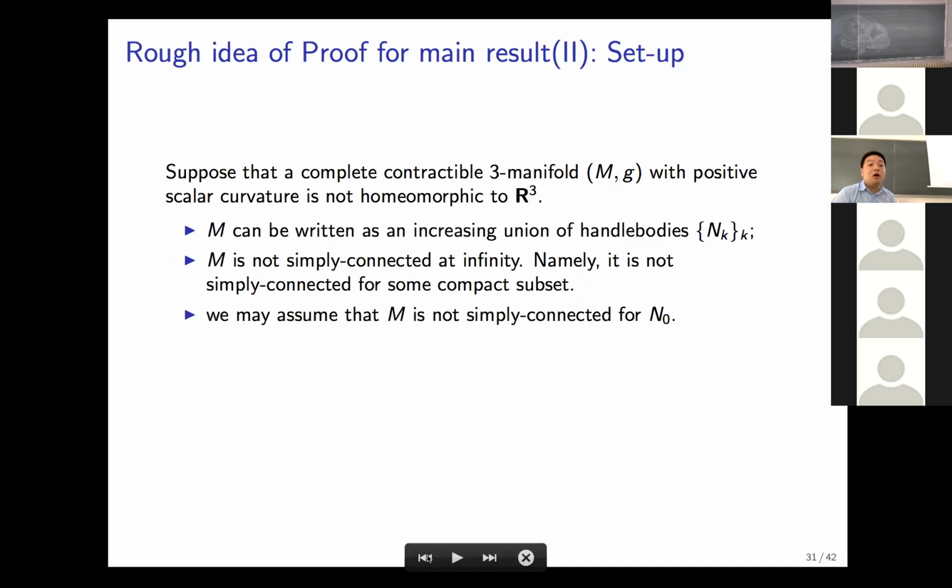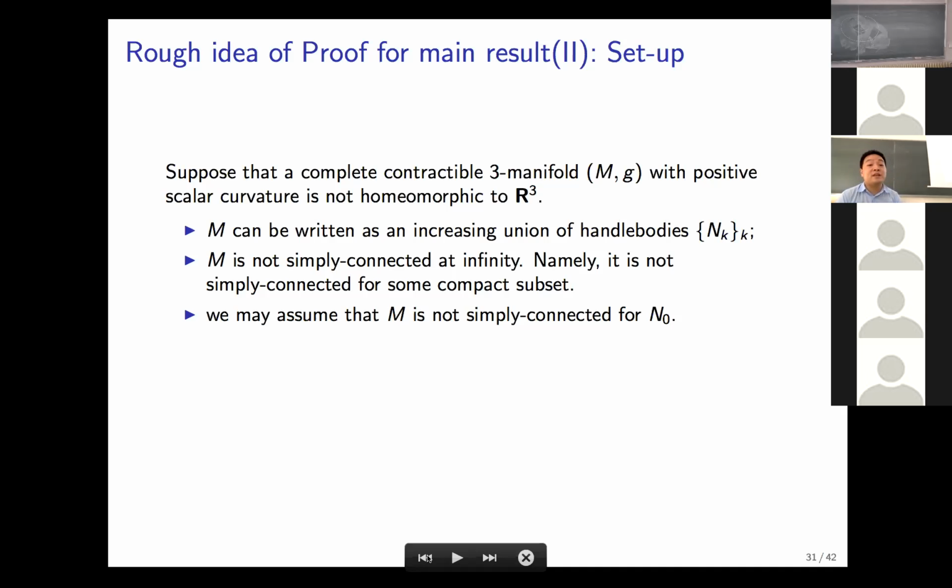Okay, now we can use this result to get a proof of the main result. We argue by contradiction. Suppose a complete contractible three-manifold M with positive scalar curvature is not homeomorphic to R3.